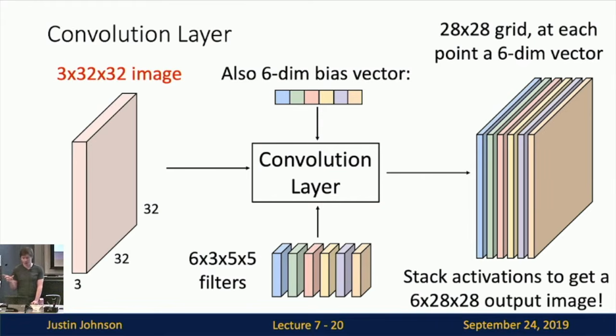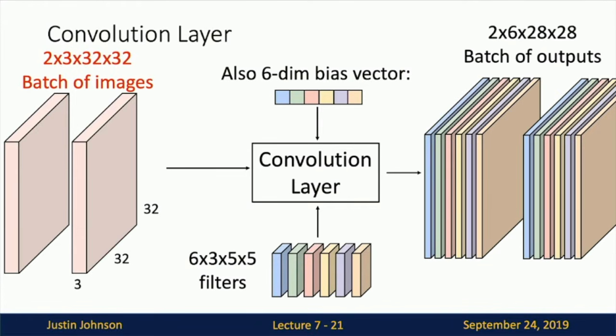In this example, a 6-dimensional feature vector, which tells us something about the structure or the appearance of that input tensor at each position in the spatial grid. This maybe seems kind of trivial, whether you're slicing it this way or this way, but depending on how you're thinking about convolution in different contexts, it's sometimes useful to think of it either as a collection of feature maps or as a grid of feature vectors. So it's useful to have both of those concepts in mind when you think about the output of a convolutional layer.